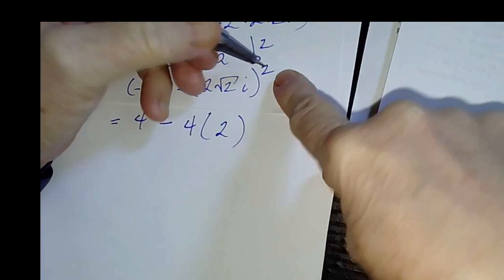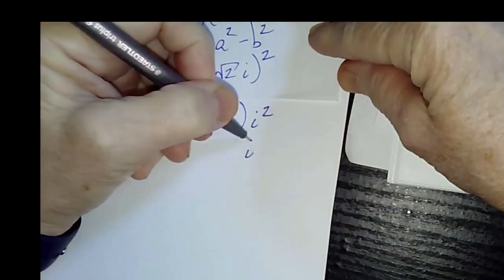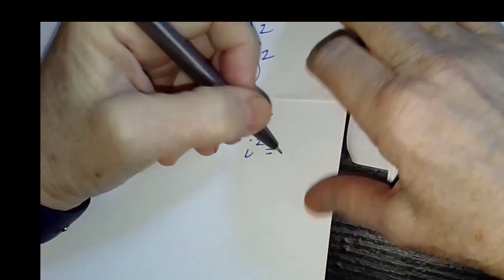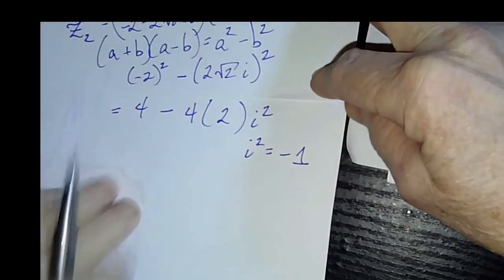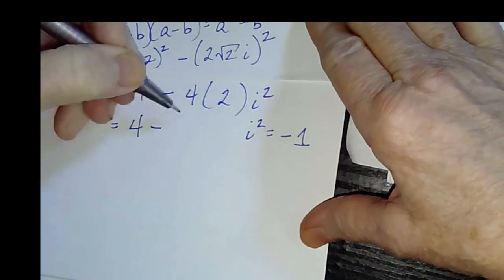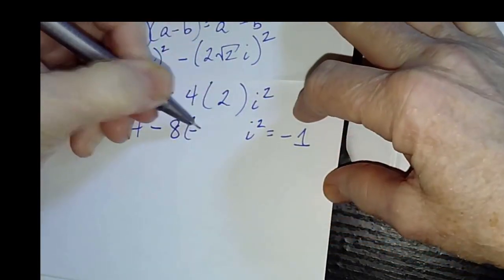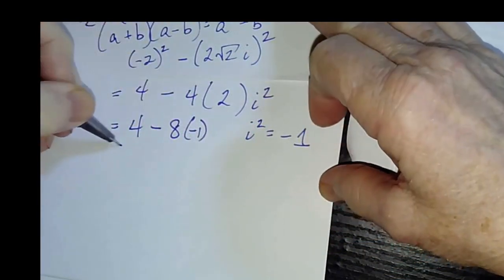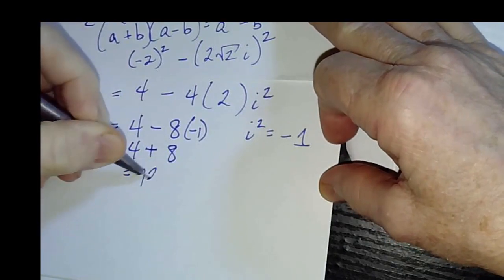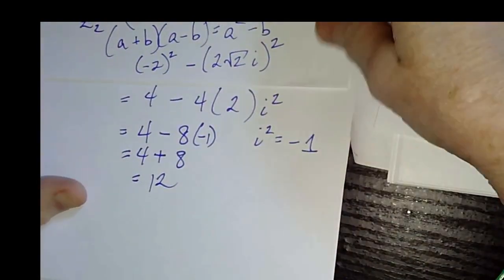And i squared, well, that's the way that we defined i in the first place. i squared is negative 1. So I've got 4 minus 8, because 2 times 4, times negative 1 for the i squared. That's 4 plus 8, and that's 12. So the denominator is going to be 12.